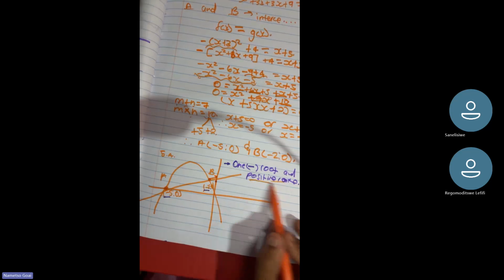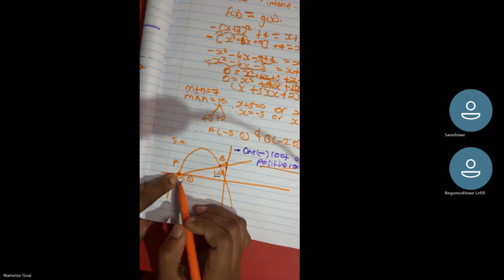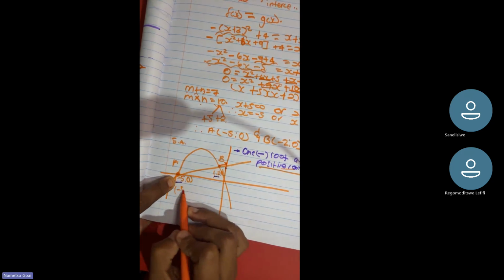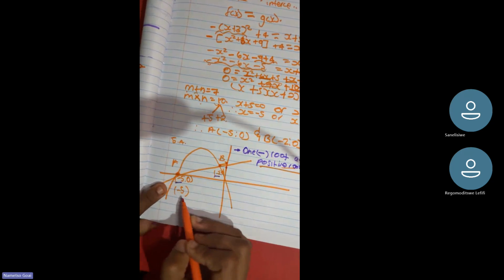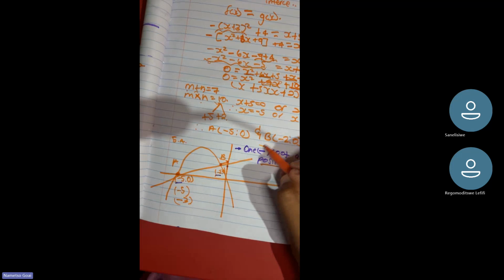So we'll have one positive root, and this one, because this is negative 5, right? This is negative 5. If we shift negative 5 2 units to the right, it will be negative 3. It is still negative. So we will be correct because we will have one negative root and one positive root, right? Do you guys get this? Do you guys get where I'm going with this? Yes. Okay, fine.